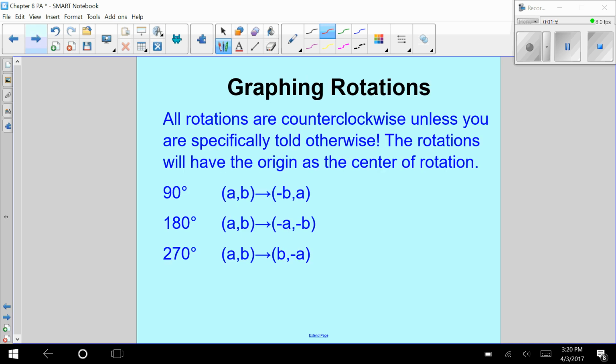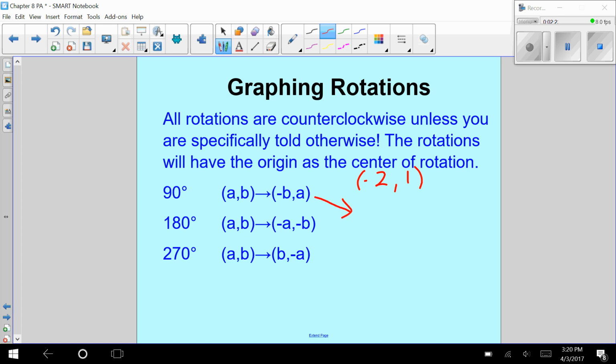Now here's the big thing for today, graphing rotations. All rotations will be counterclockwise, unless you are specifically told otherwise. The rotations will also always have the origin as the center. So here are our rules. For 90 degrees, a point (A, B), let's say my point is (-2, 1). So A would be -2, B is 1.